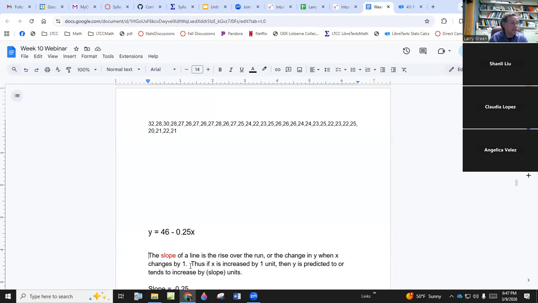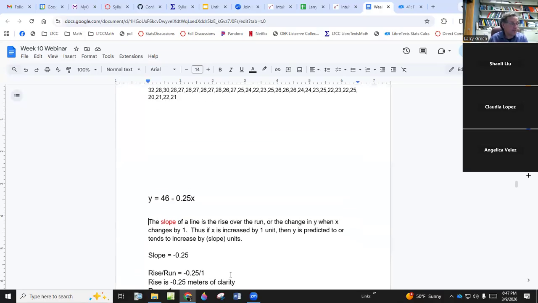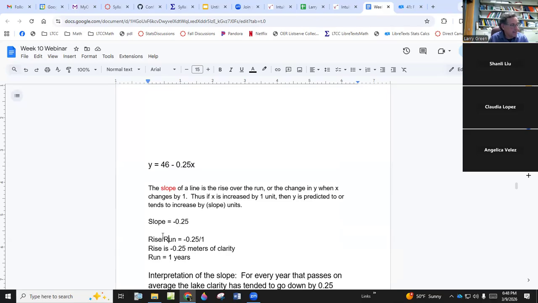Thus, if x is increased by 1 unit, then y is predicted to, or tends to, change by the slope number of units. Here our slope is negative 0.25. And it's easier to write this as a fraction, so we can think of it as rise over run. I'm going to write this as negative 0.25 divided by 1, or over 1.